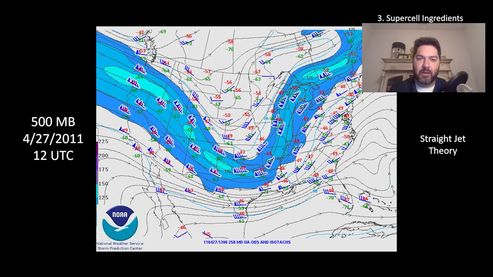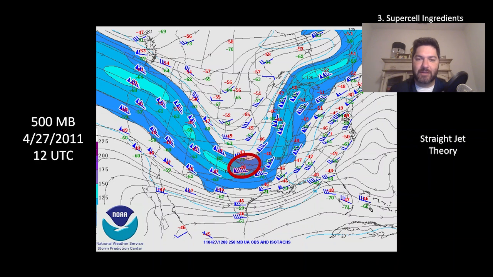If you look at this particular map, it's a little tough to tell because there's nothing straight about this situation, but you can identify a little bit of a jet streak over West Texas and maybe one that's exiting over, say, Northeast Arkansas into Illinois. If you apply that theory, the left front quad of this entering jet and the right rear quad of this exiting jet are the areas of rising motion or divergence.